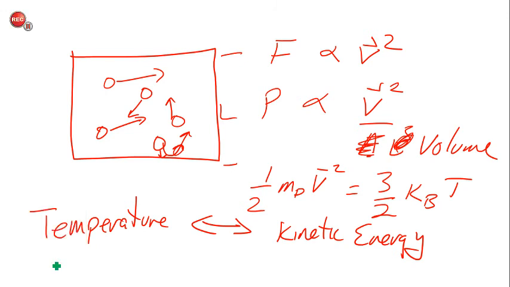So the gist of this, the things that I kind of want you to take out of dealing with the kinetic energy of a gas, you kind of have three sorts of equations.